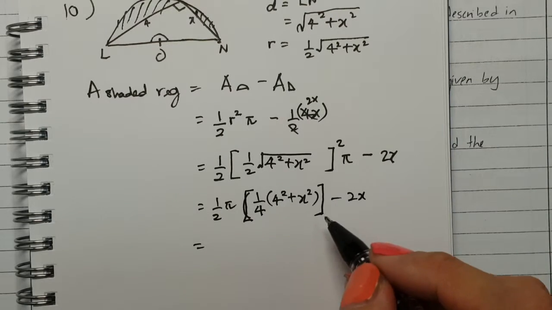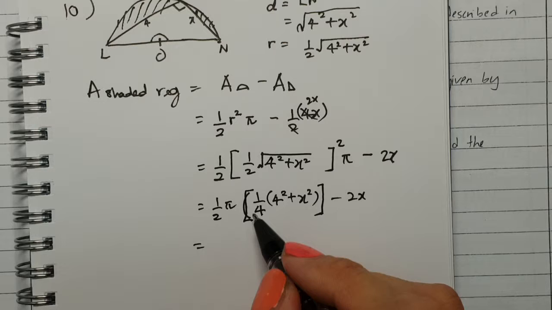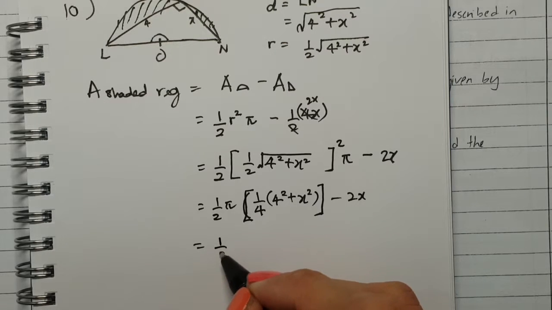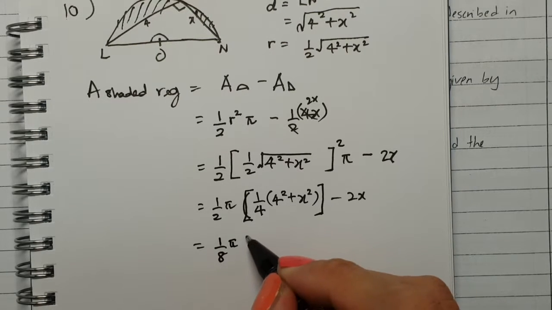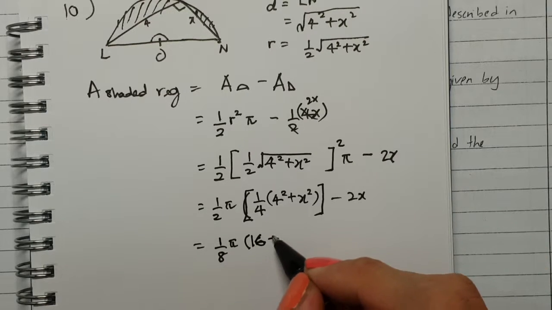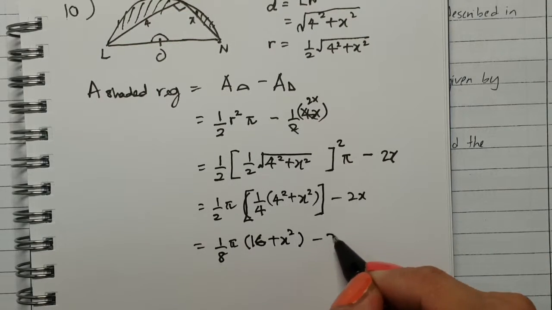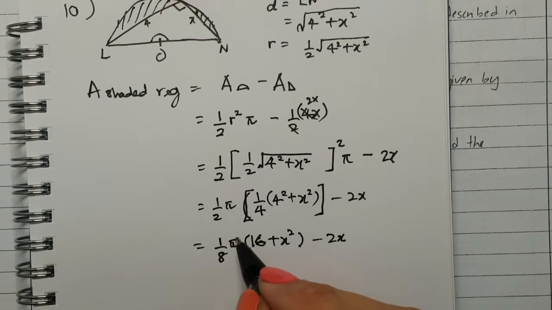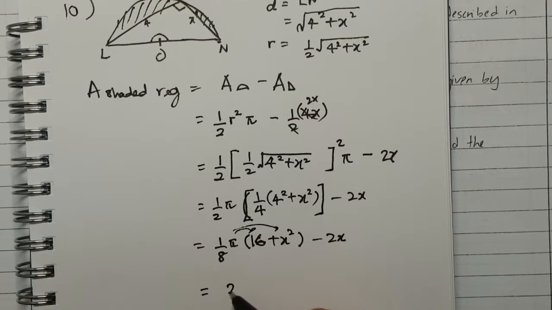Now let's open up the bracket. So 1 over 2 times 1 over 4, we have 1 over 8 pi times 4 squared, which is 16, plus x squared, and then minus 2x. Let's multiply this in. We will have 2 pi plus pi x squared over 8 minus 2x.